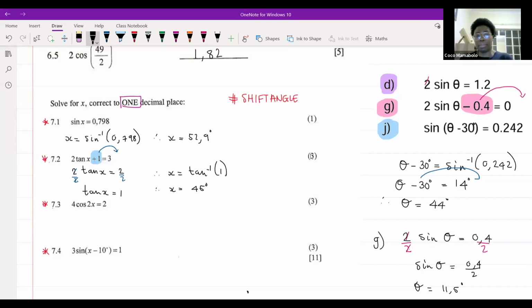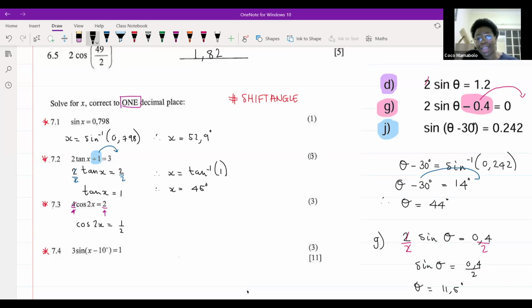Correct. Okay, now in this question over here, the 2x, the whole of 2x is my angle. So the only thing I need to get rid of is that 4 in front of the cos, right? So I'm going to divide by 4, divide by 4. Therefore, I've got cos 2x is equal to 2 over 4, which is the same as a half, right?